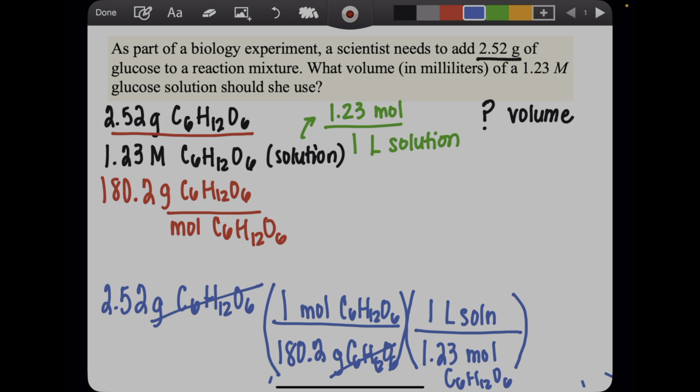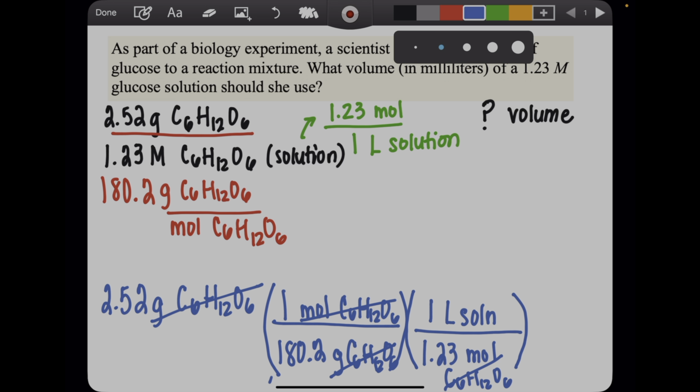However, we do want volume, but we just don't want it in liters. So even though we have our goal, kind of, having the volume, we don't have it in the units that it requires.